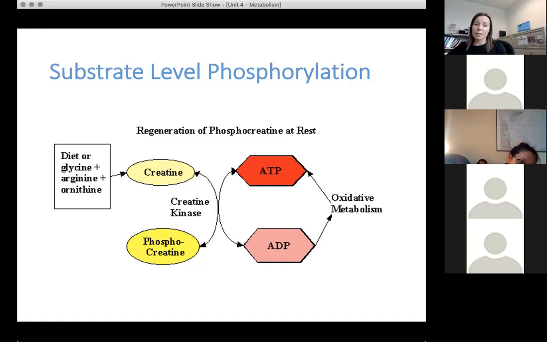So the other method that can be used for making ATP, and this can be used for a much longer period of time, is oxidative phosphorylation.